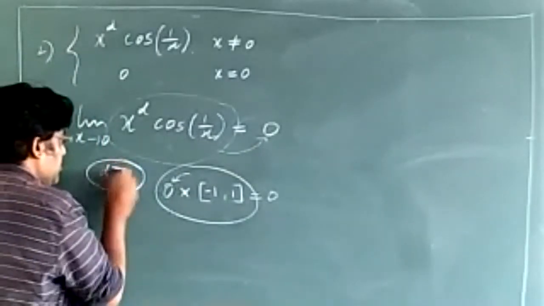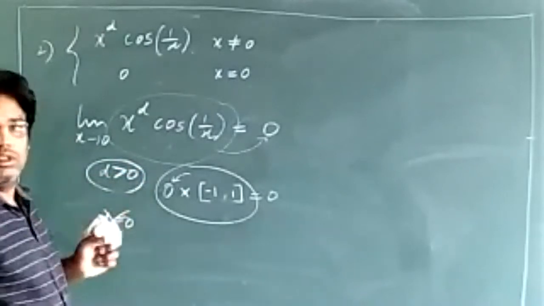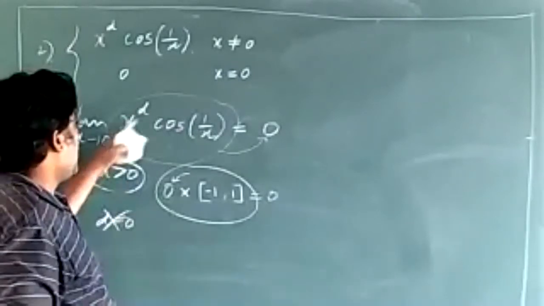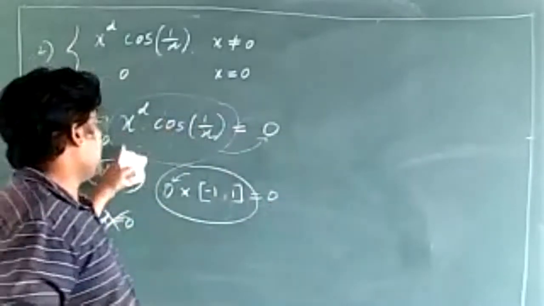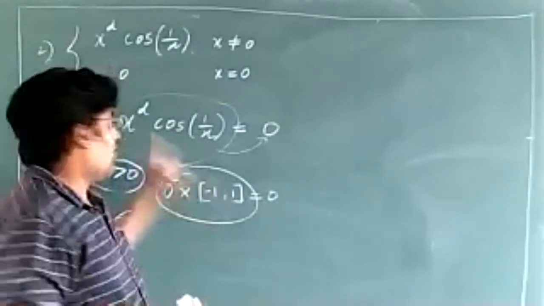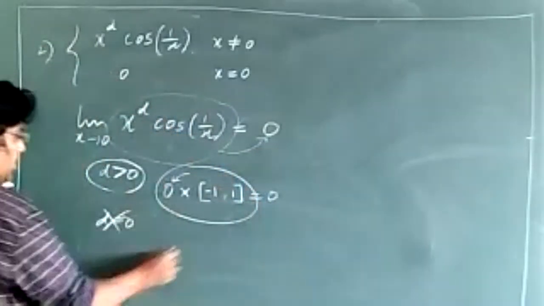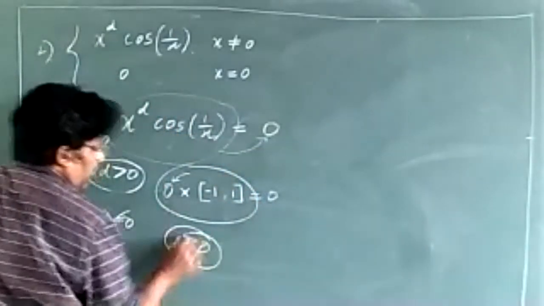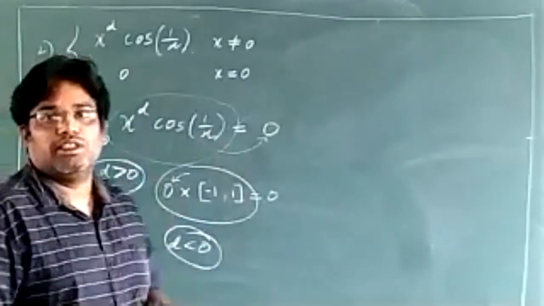This cannot be 0, so alpha must be greater than 0. See what happens when alpha is equal to 0: anything to the power of 0 is 1, and 1 into any value in between minus 1 to 1 cannot be 0. Suppose alpha is less than 0, which means negative, say minus 2.